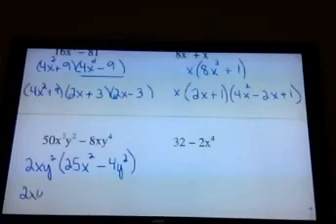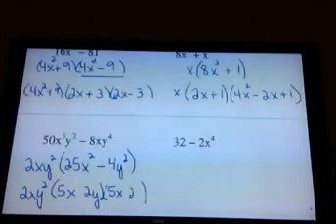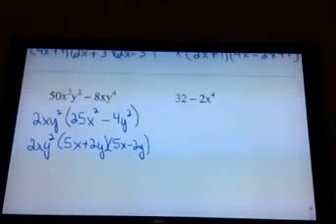So I have a difference of squares. 25x squared breaks to 5x times 5x. 4y squared, 2y times 2y. 1 gets a plus, 1 gets a minus. And then can I factor further? No, I cannot.